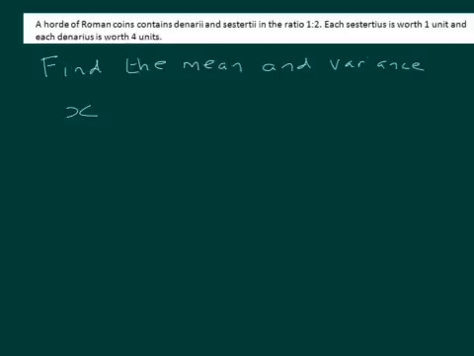So if we've got a 1 unit and a 4 unit coin, the probability that we have a 1 unit coin is 2/3. The probability we have a 4 unit coin is 1/3, because we've got twice as many sestari as we have denarii.